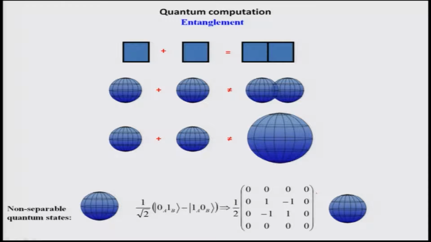Now, the curious aspect of quantum computing lies in the fact that in terms of bits, the addition or the putting together of bits, as it is shown here pictorially, can always be put together such that it can also be taken apart in the same way. So, the left hand side and the right hand side for the classical case always remain the same.